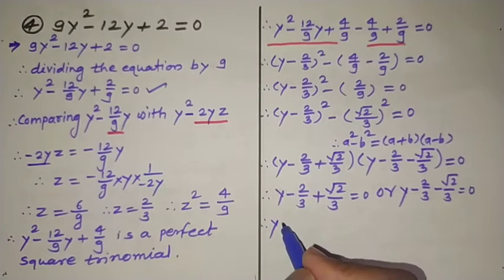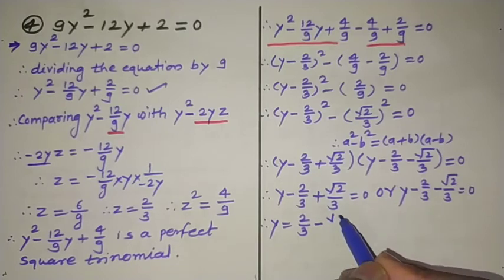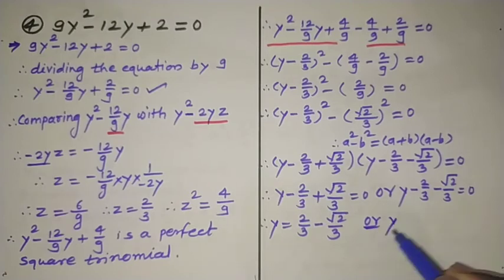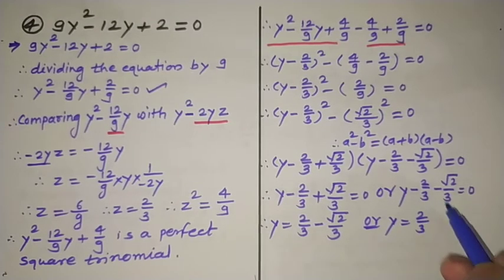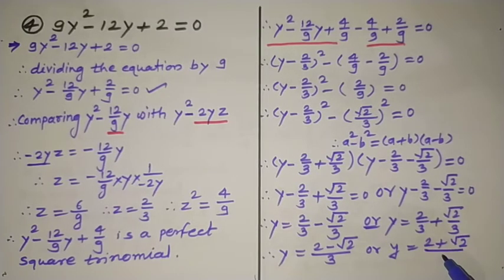Therefore y is equal to minus 2 upon 3 plus 2 upon 3, here minus 2 upon 3, or y is equal to 2 upon 3 plus minus root 2 upon 3. Therefore y is equal to 2 minus root 2, here the denominator is the same, 3, or y is equal to 2 plus root 2 upon 3.